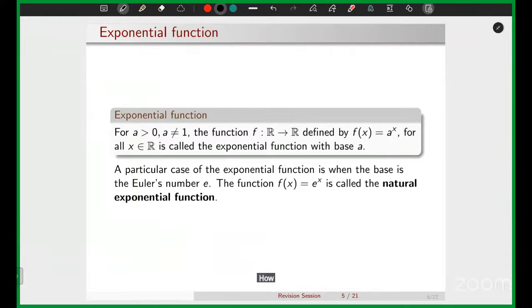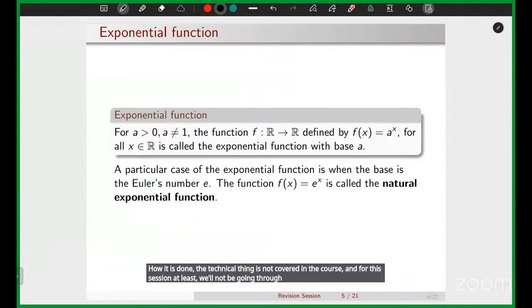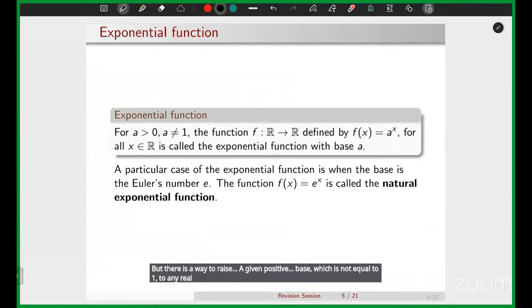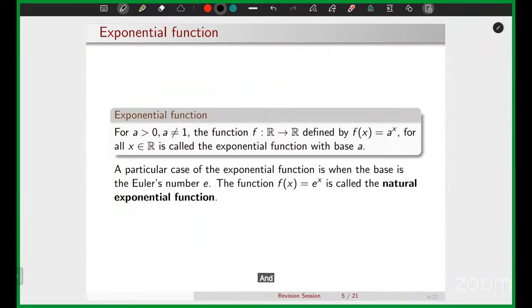How it is done, the technical thing, is not covered in the course, and for this session at least, we'll not be going through that. But there is a way to raise a given positive base, which is not equal to 1, to any real number x, and that function is called the exponential function.